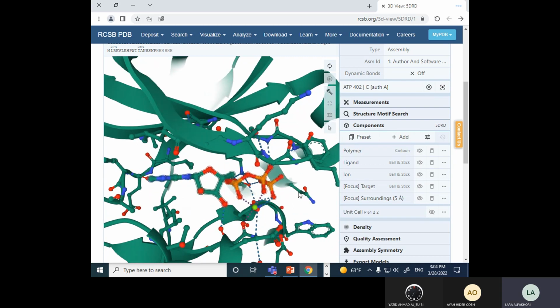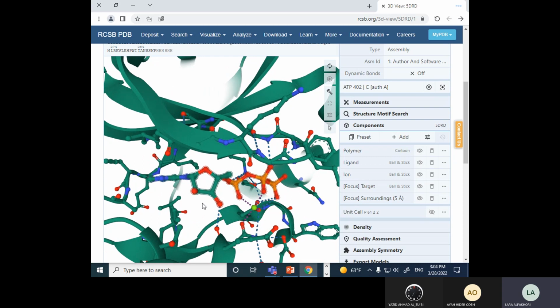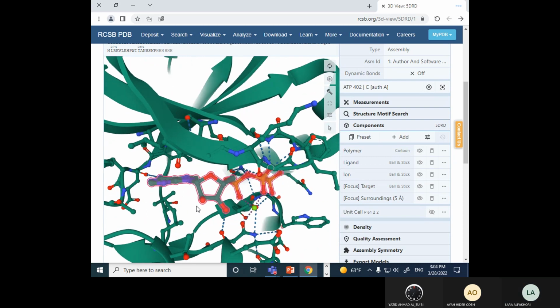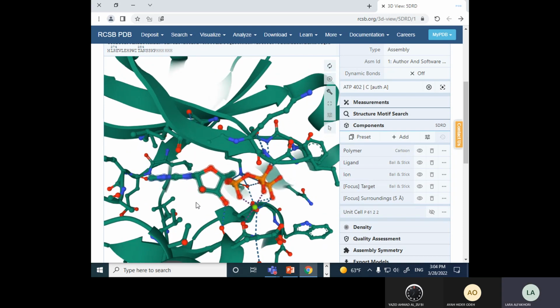I told you about the extension of the hinge region, but let me put it at the right angle. There is a residue that we call the gatekeeper residue. Okay, look at this one in here. This residue, if you click on it, is leucine. It looks like there is a space behind this leucine. If I were to display the surface, you would see there is a space behind that residue that can be occupied by type 1 and type 2 drugs. Now why do we call it a gatekeeper residue? Because its size governs what can enter and what cannot. It determines the size of the hydrophobic group that can enter this hydrophobic pocket.